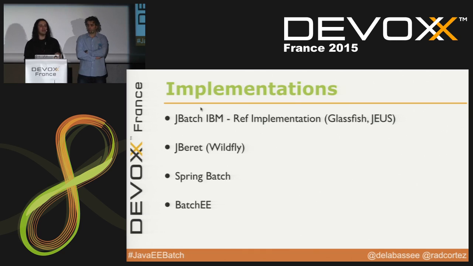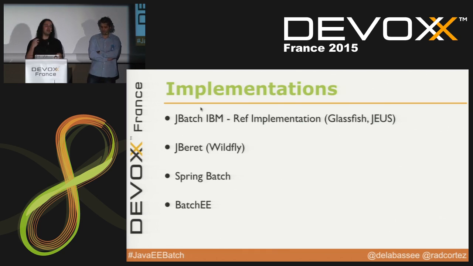If you haven't looked into it yet, Spring Batch also has an implementation of its own for the JSR352. So if you're using Spring Batch, you can plug in the JSR352 API and use both of them. There's also BatchEE, which is a fork from JBatch with additional stuff.